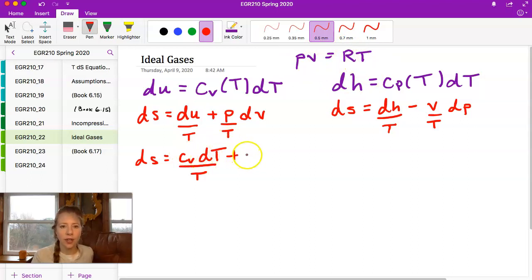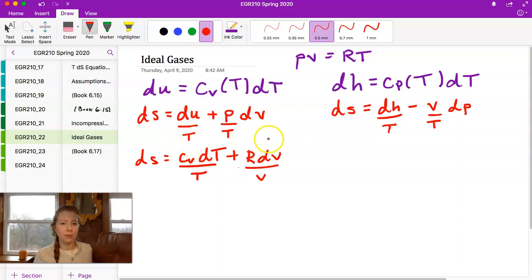So now this is going to equal R dV over V. All right, so what am I doing here? Well, I am trying to get like terms together so I can integrate. So in this case, before we had mixed variables.